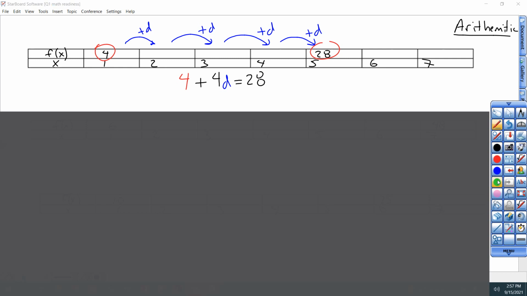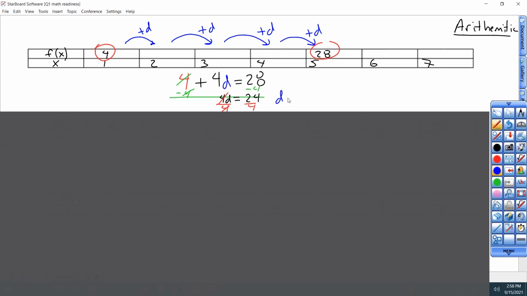You're going to take away 4 right there on both sides. That brings down 4D. 28 minus 4 gives me 24. At that point right there, I'm going to divide by 4.